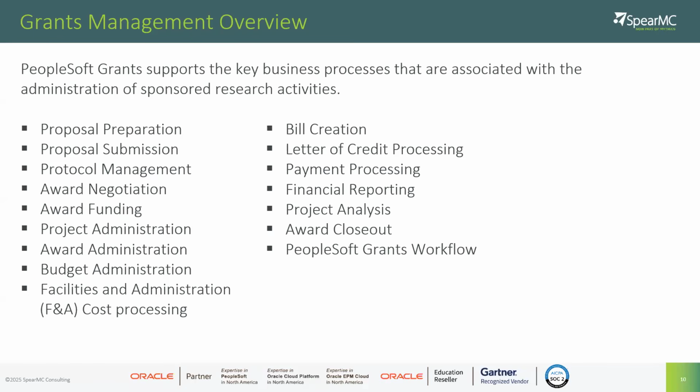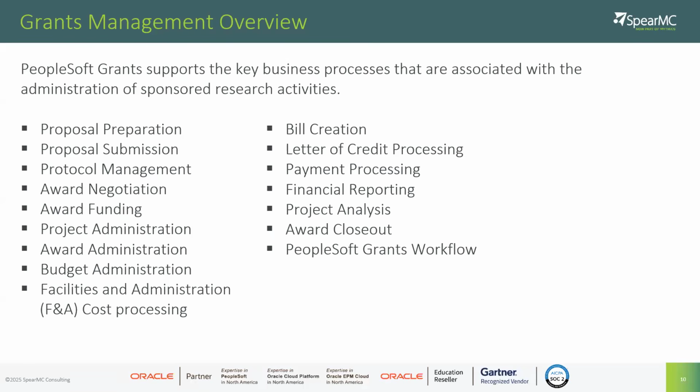Bottom left-hand, facilities and administration, otherwise known as F&A, is PeopleSoft's terminology for indirect overhead processing, a very robust process to create your indirect overhead. That is specific to the grants management module.